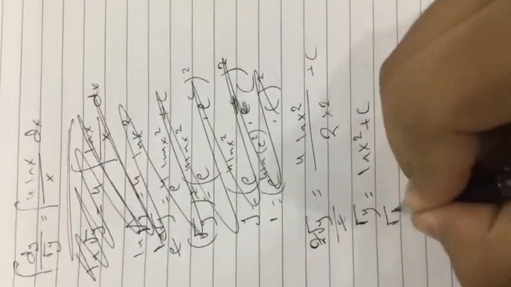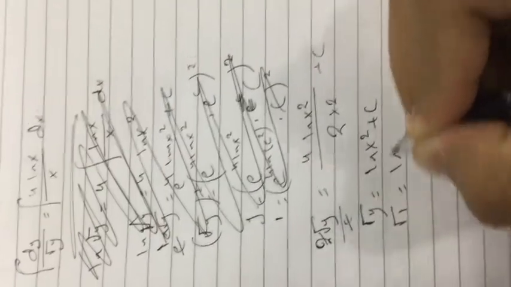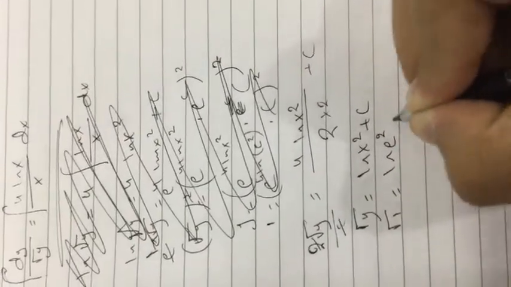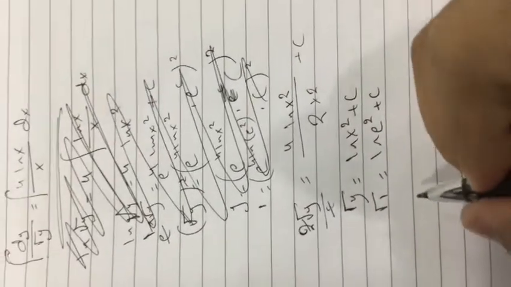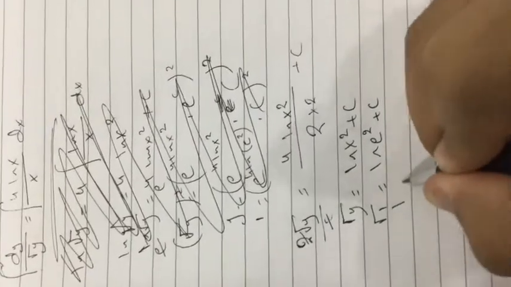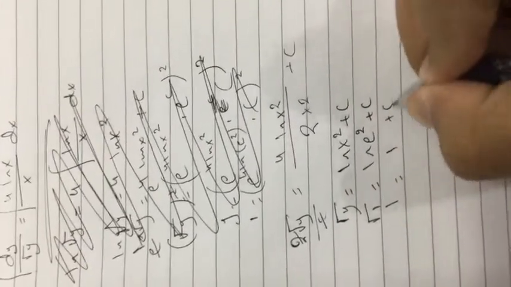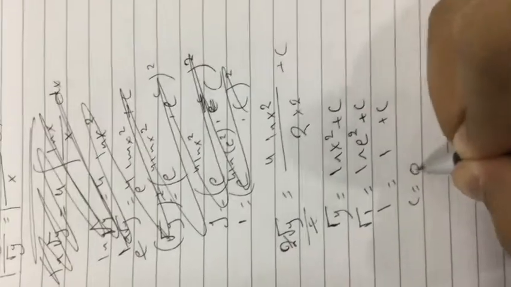Now we substitute the values here, 1 and e. Here is square root of 1 equals ln e squared plus c. Here 1 and here 1 plus c. C will be 0.